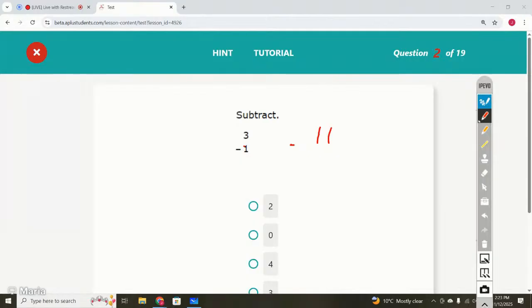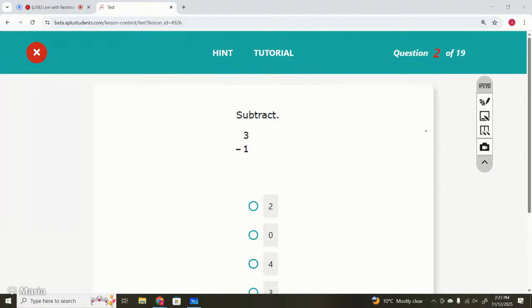That means 3 take away 1 is 2. So 3 minus 1 is 2. Option number 1 is the correct option.